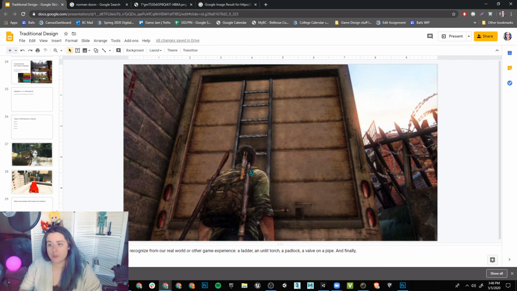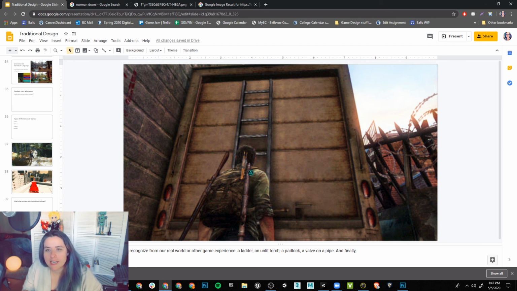All right, let's talk about the other two. Cultural affordances. Cultural affordances are those we recognize from our real world and other game experience, like a ladder, an unlit torch, a padlock, a valve, a pipe, something that you know that you can open. A door. You open doors, right?